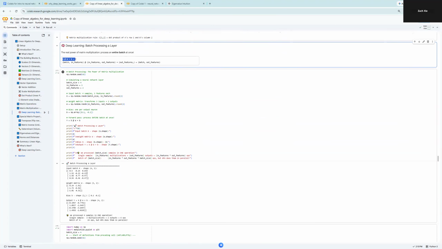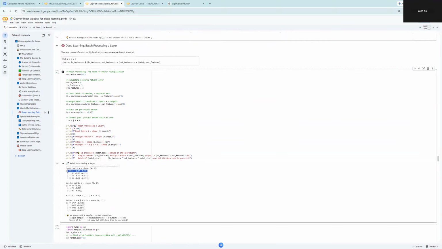So here's an example. This will be your input, like your input is actually a 1 by 3 matrix. Your inputs are three features, sorry, three parameters. So this is your one input, and this would be the weights, and you have the bias.